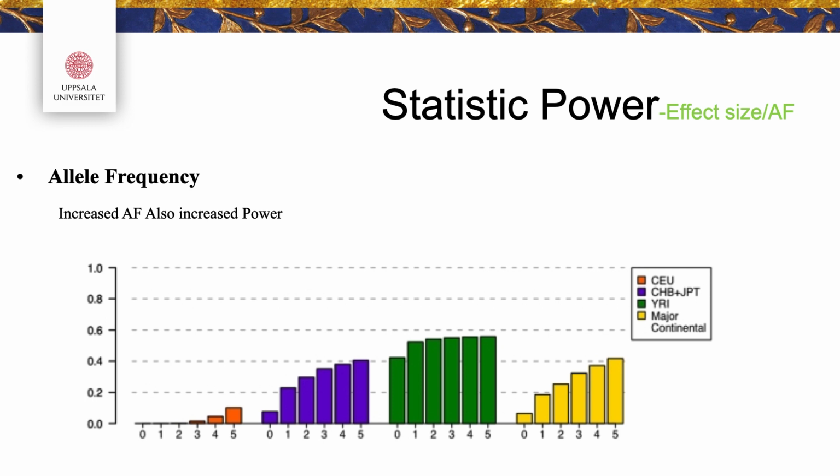This figure only showed SNPs with a frequency from 0 to 0.05, so the power displayed here is not very high. If frequency increases continuously, the power will also increase. In practical GWAS projects, alleles with a frequency lower than 1% will be removed.